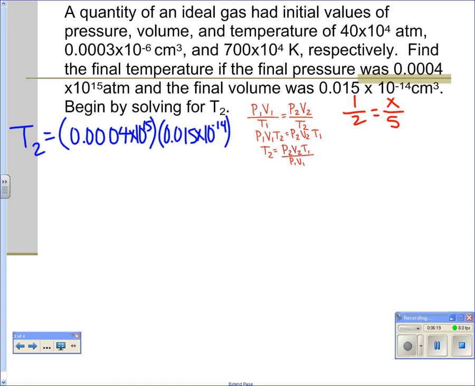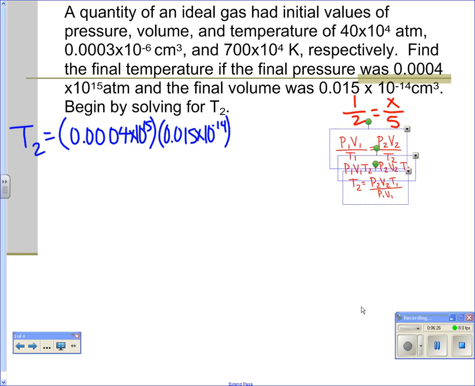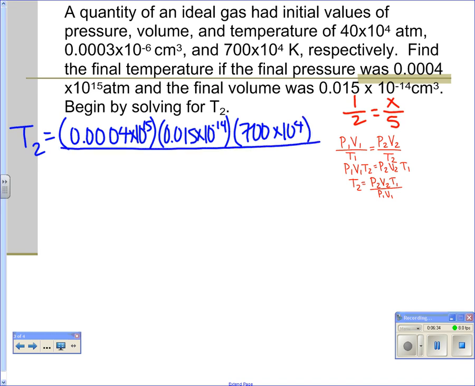Okay, what is my T1? Yeah. What is my P1? And what is my V1? Do you agree?